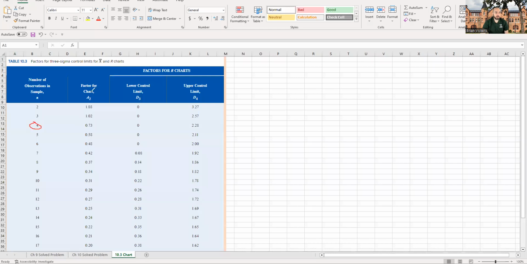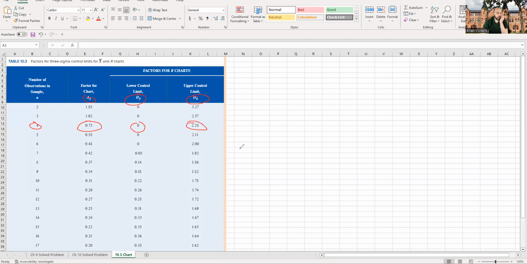My factor for A2 is 0.73, D3 is 0, and the upper control limit for range is 2.28. So I'm going to use these values, 0.73, 0, and 2.28, and plug them into my worksheet here.